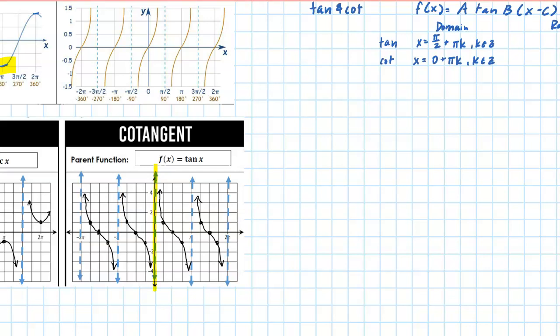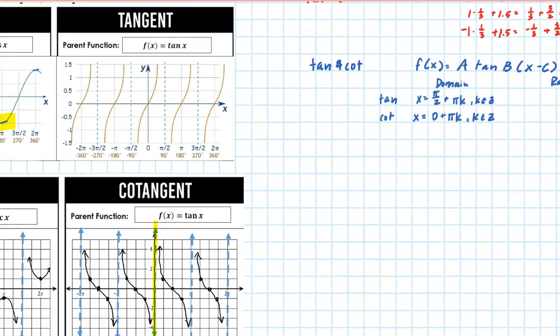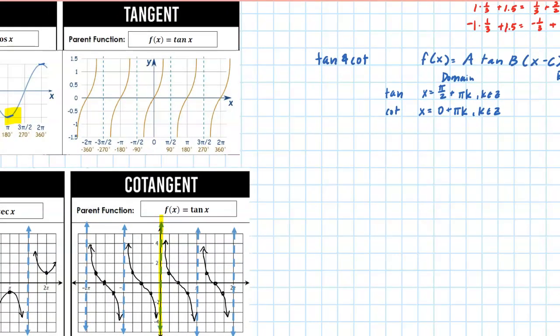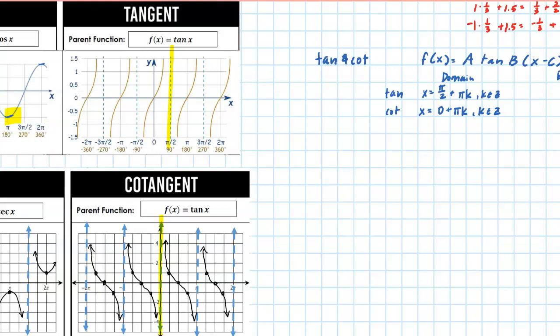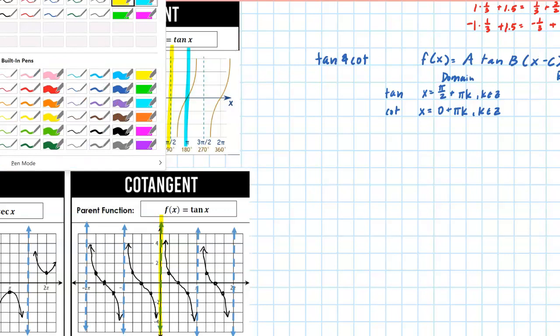And for tangent, it's at pi halves. So if you look at the period, what exactly that asymptote is saying is that within this one period right here, tangent's period is pi, there exists one asymptote.